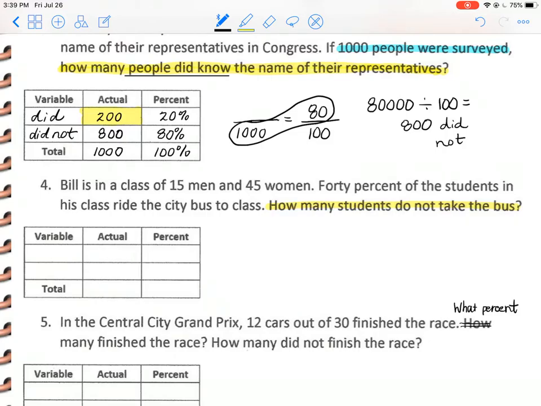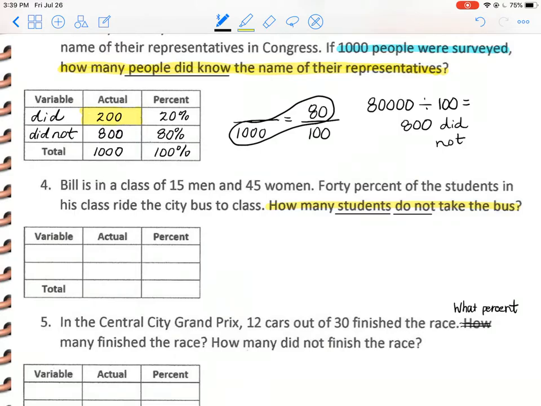The question that we're trying to answer is students who do not take the bus. So when you ask yourself the variable of analysis, it's very tempting to say men and women, right? Because that's a very common variable.